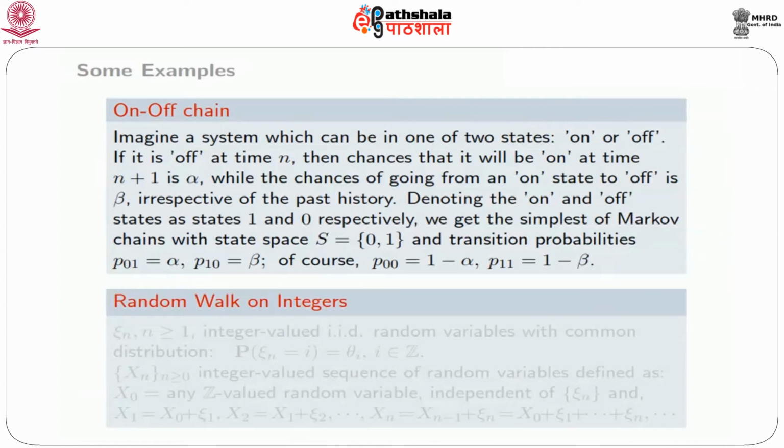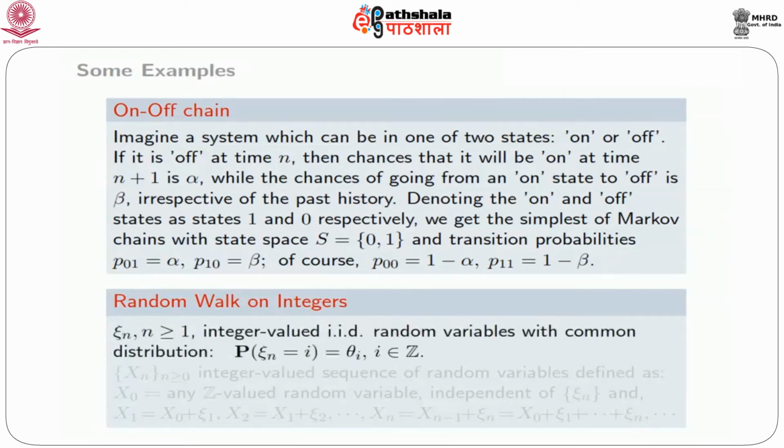Next, a very important example called random walk on integers. So suppose you have a sequence xi n indexed by n greater than or equal to 1. These are integer valued and IID random variables, and the common distribution is given by the probability that any xi n takes the value i is theta i, for i in Z. So these are integer valued.